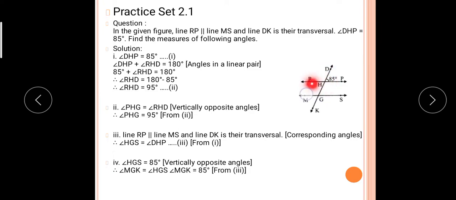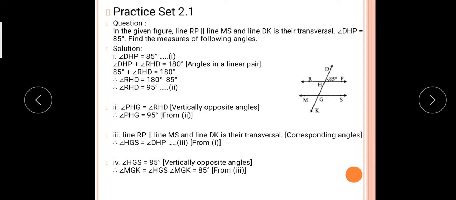What is angle DHR? It is 95 degrees. So PHG is opposite to DHR, a vertically opposite angle. And all of you know that if angles are formed vertically opposite, they are congruent to each other. And therefore angle PHG is equal to 95 degrees.